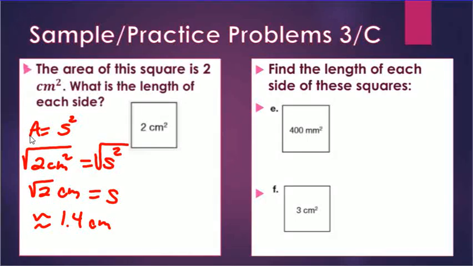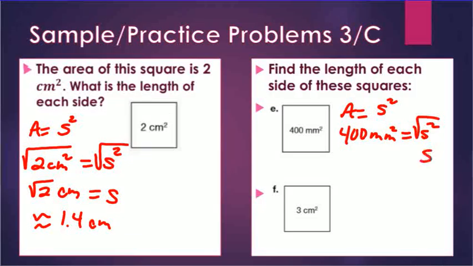Find the length of each side of these squares. Area equals the side squared. The area is 400 square millimeters. I need to find what s is, so I'll find the square root of s squared, which is s. The square root of 400 would be 20 millimeters.